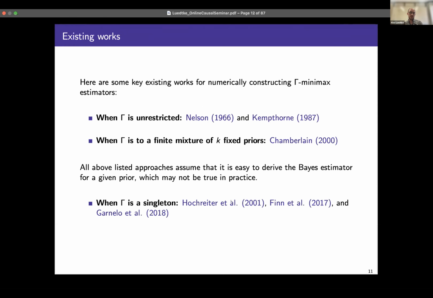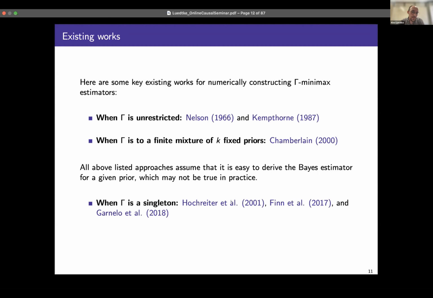So a few key existing works for numerically constructing gamma minimax estimators. In the case where gamma is unrestricted, so that you're really interested in constructing a minimax estimator numerically, the farthest back I was able to find was Nelson, 1966. And then independently in 1987, Kempthorne wrote a paper suggesting a fairly similar numerical approach.